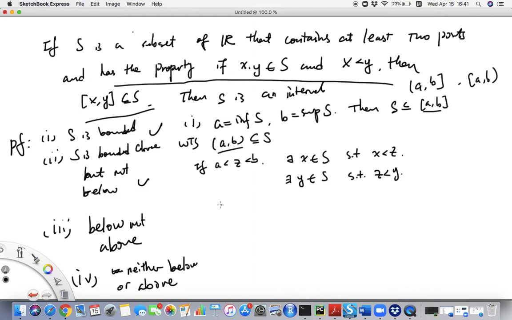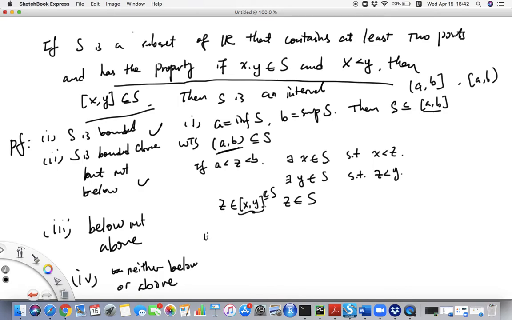Therefore Z is in the interval [x, y]. That property implies Z is in S, because this whole thing is in S. Now, since Z is arbitrary, this open interval is in S. So we have shown that S is an interval.